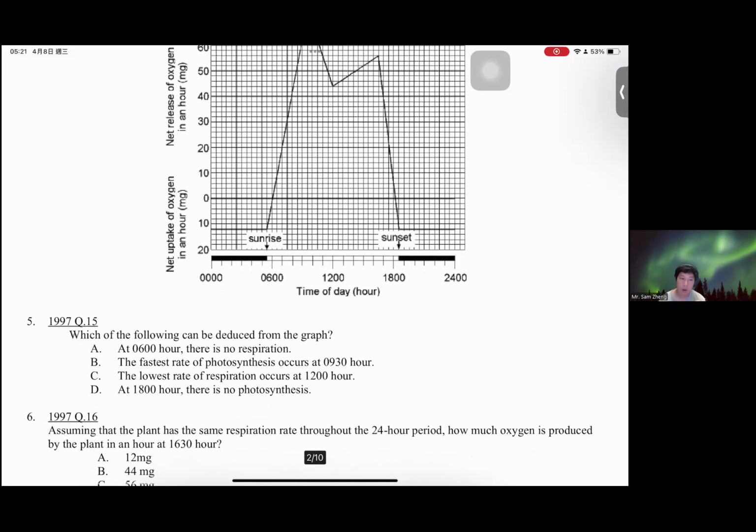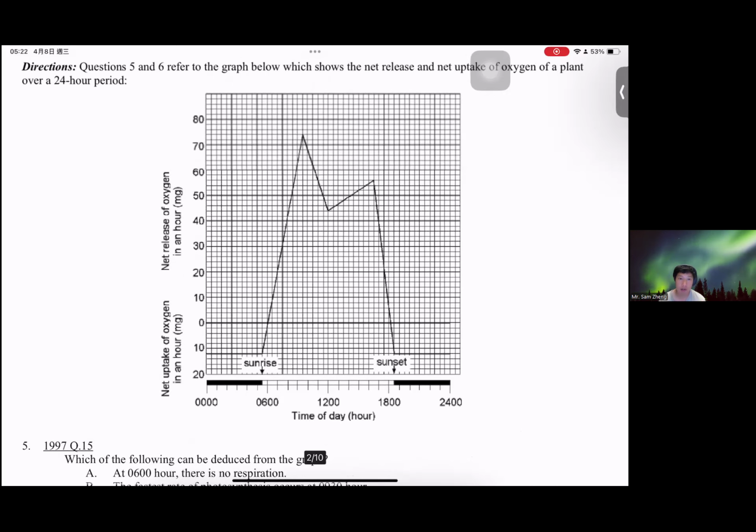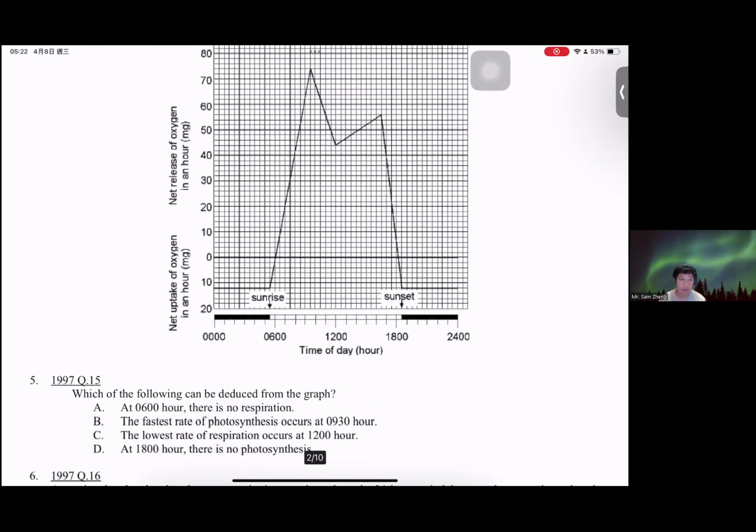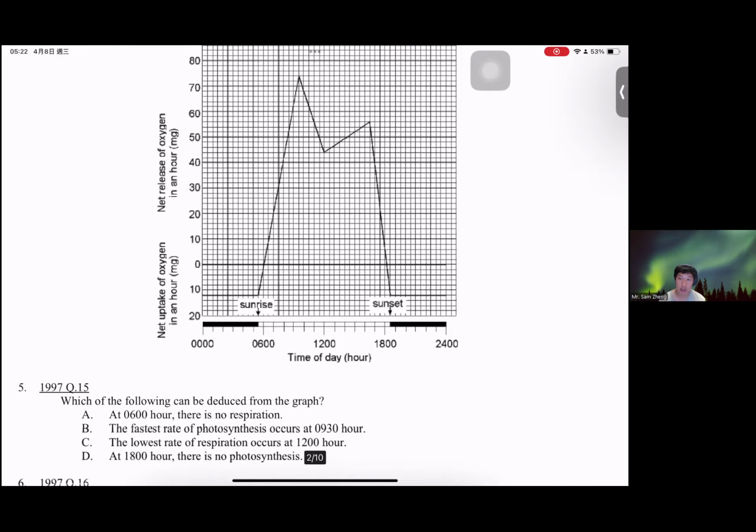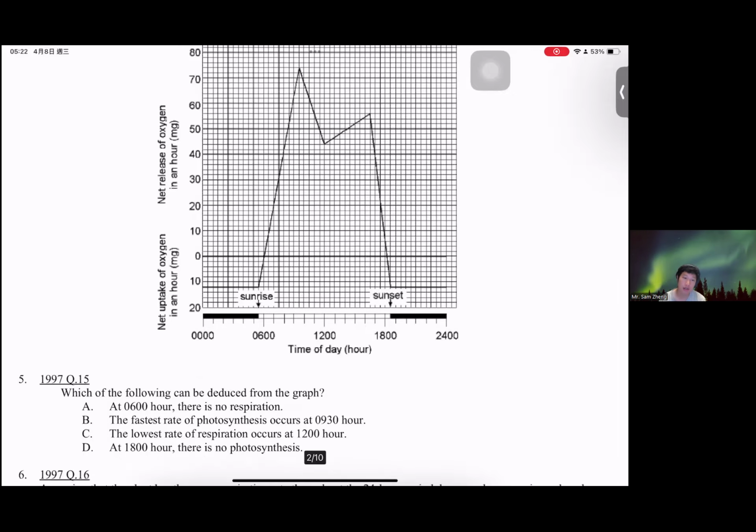Next, C, the lowest rate of respiration occurs at 12 o'clock. Let us have a look at 12 o'clock. Is it the lowest respiration? Actually, the respiration should be consistent within this graph, because if you still remember the assumptions that we made, the respiration should remain unchanged throughout the whole period of time. Therefore, the rate of respiration should not be the lowest, but the same throughout the whole period. So C is also not correct.